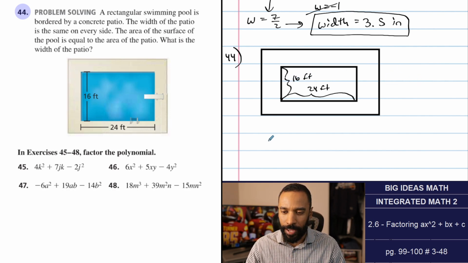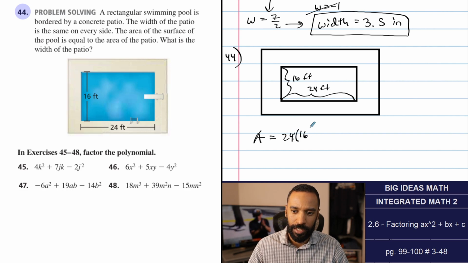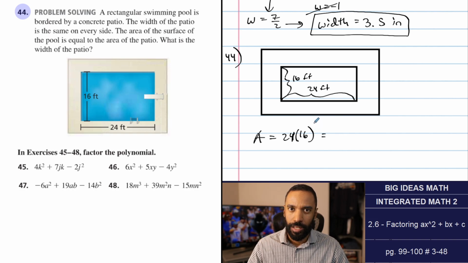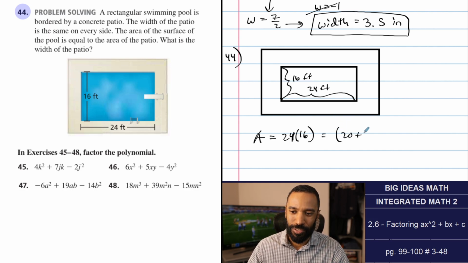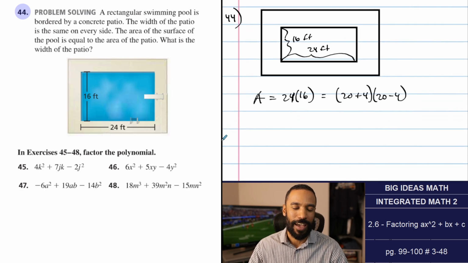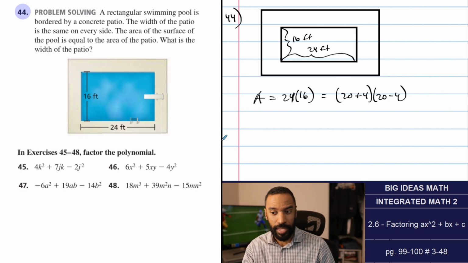So that area, 24 times 16, let's do 20 plus 4 times 20 minus 4. I should totally know this in my head. In fact, I do now. It's 256 plus 80, 336. I think it's 336.